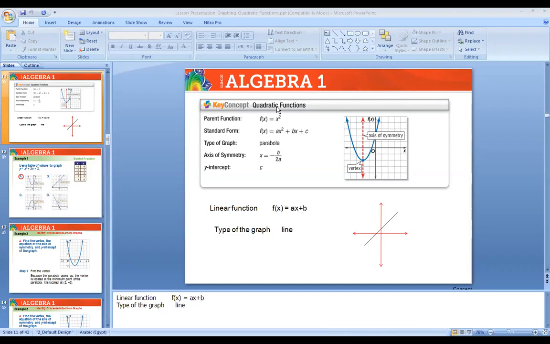We covered some new concepts, which are the standard form, the type of graph, axis of symmetry, and y-intercept. Today we'll complete it, but first a small revision.